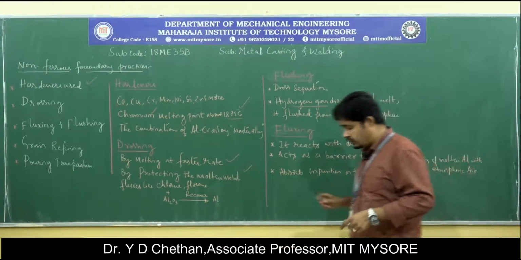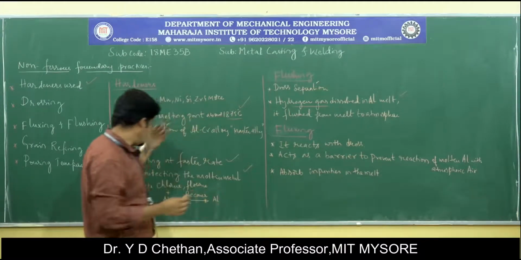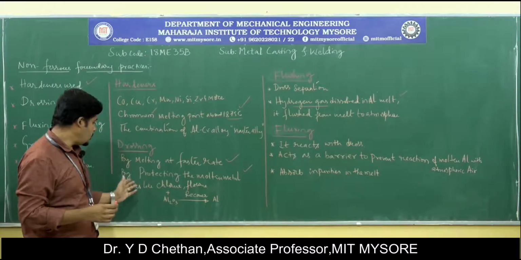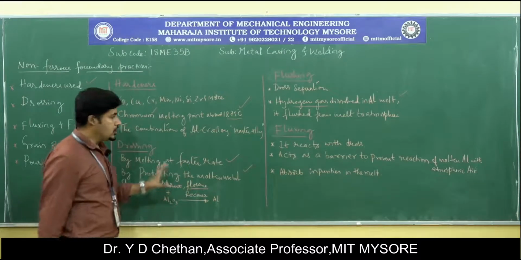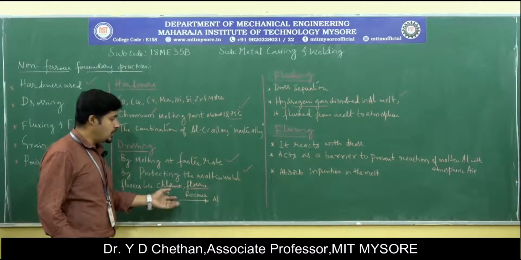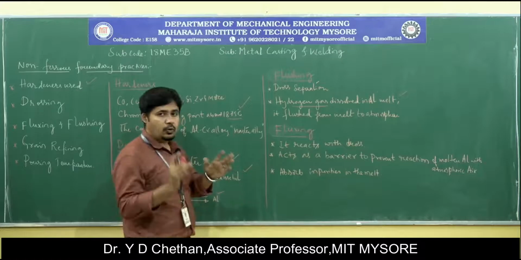The next one is the fluxing method. Just now we have discussed drawing, where we used fluxes like chlorine, fluorine and all. These react with aluminum oxide, which helps to recover the alumina from the molten pool.